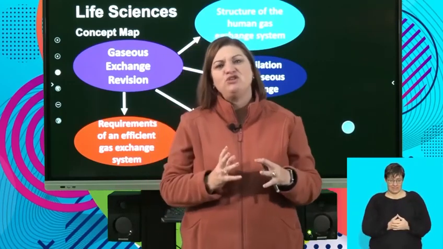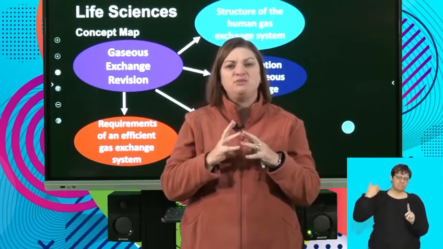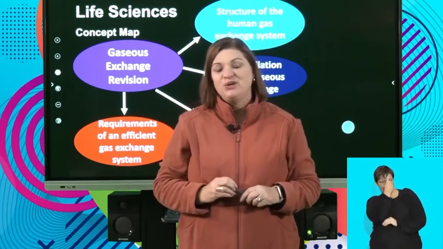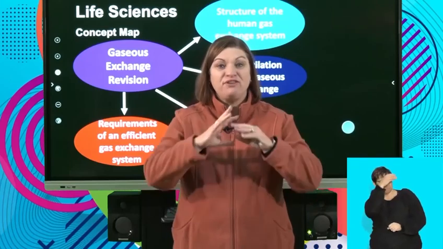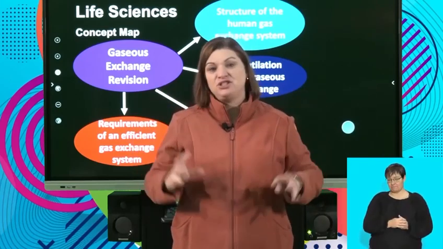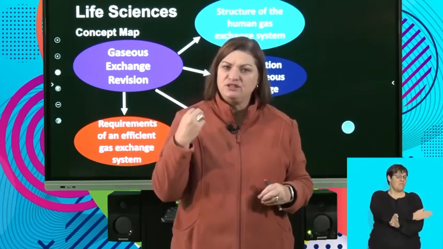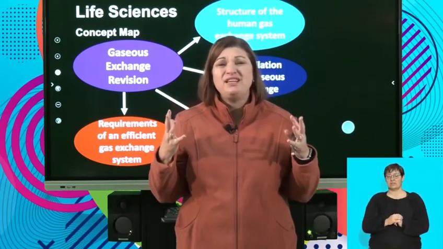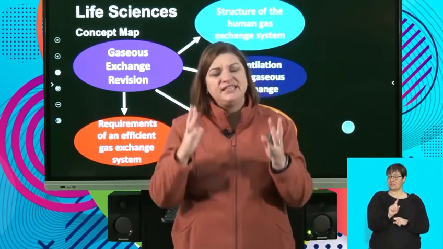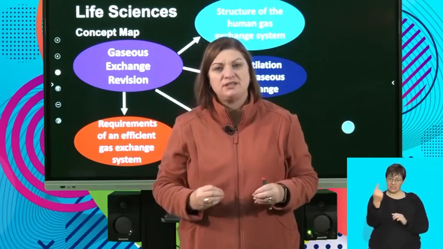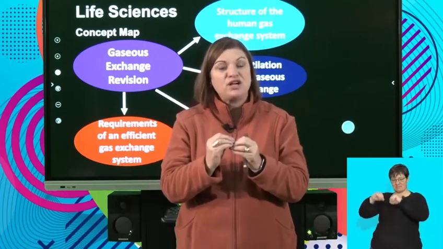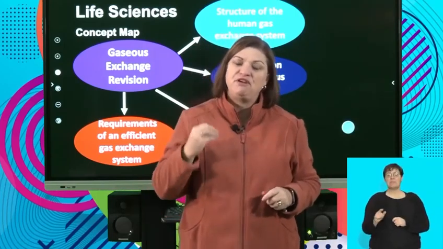We're just going through all the important parts that we need to make sure we understand when we're looking at this concept of the gaseous exchange system. Previously, we looked at the most important thing we need to think of: how is each gaseous exchange system structured that makes it very, very efficient?